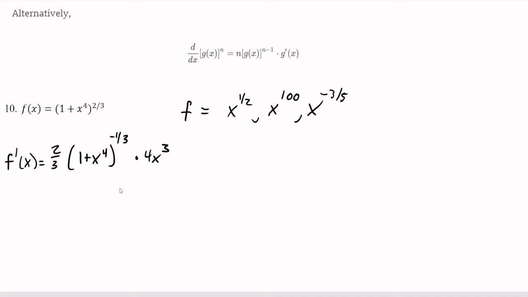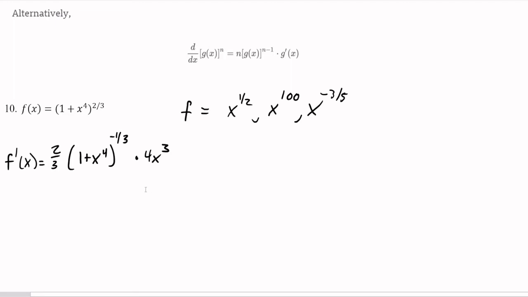You can do this a lot quicker because it always has the same form. Drop the 2/3, subtract 1, multiply by the derivative in here. Done. Just quick. So again, this is just like a quick little note that you might even see yourself doing as you practice more of these, but is really nice when you can do these out.